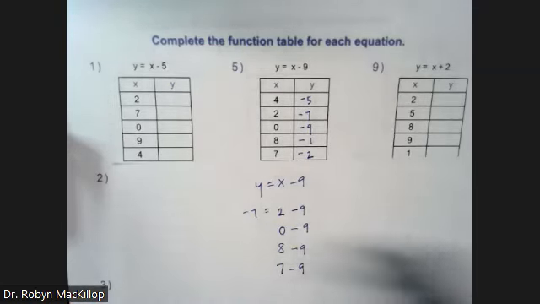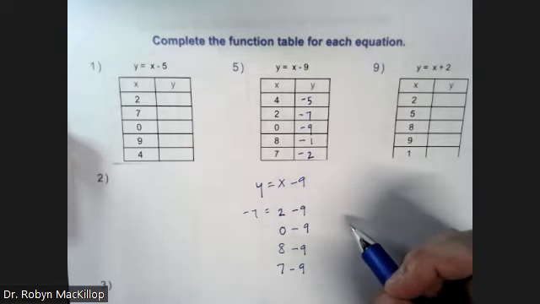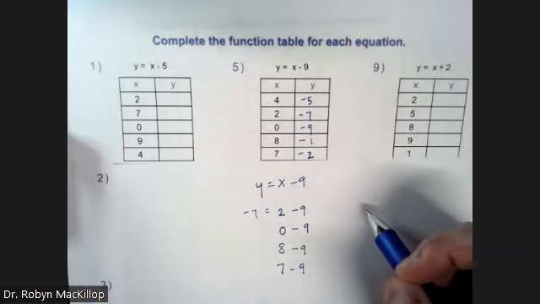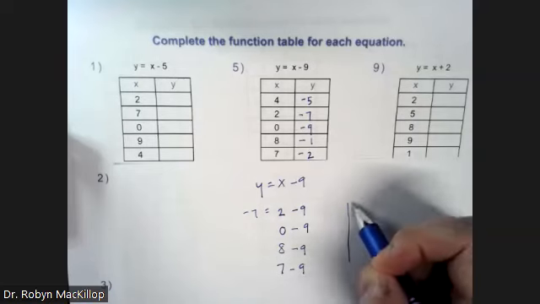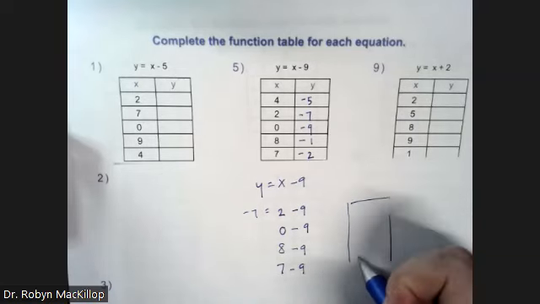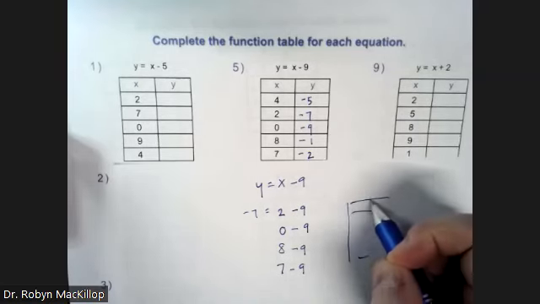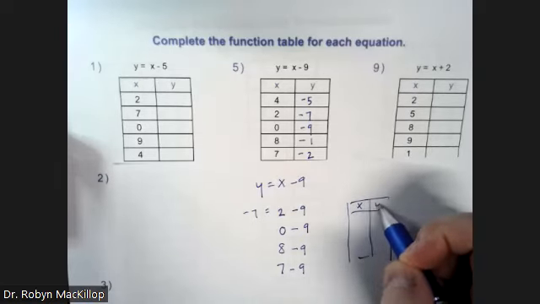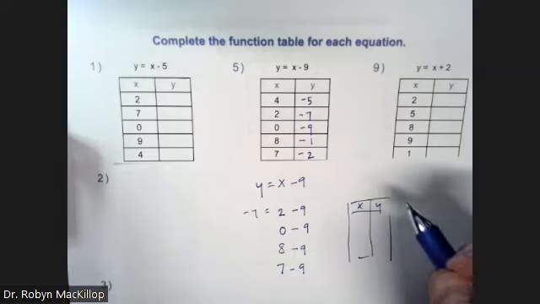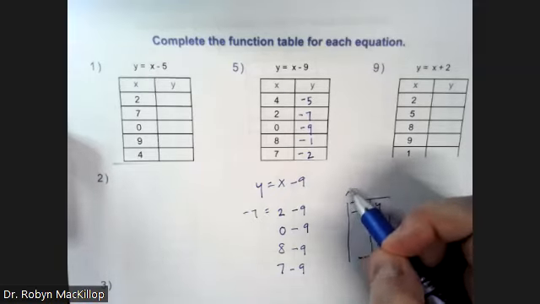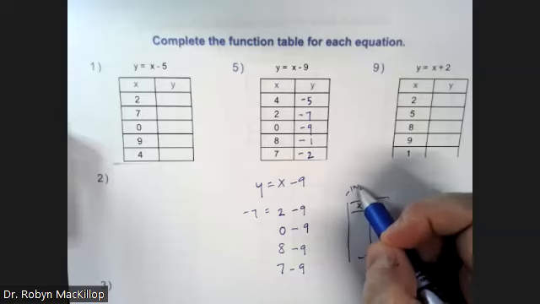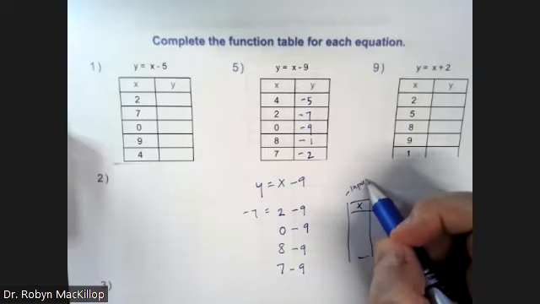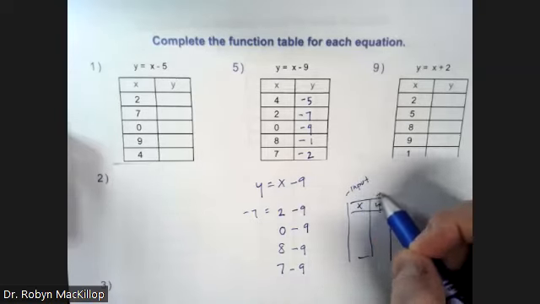And those are probably 2 new terms. But anytime you've got a function box, we know it's X and Y, just like ordered pair. X is the input, Y is the output.